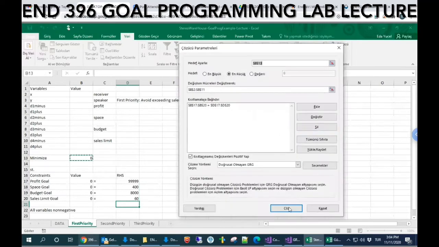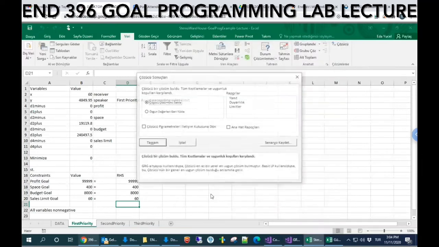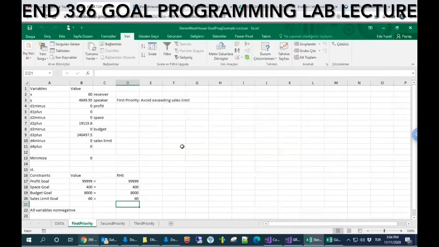Okay, and then we will solve it by using simplex LP. We know that all variables are non-negative, so we should check this checkbox, and then we should press solve. This is the result. That means that D4 plus is 0. That means the first priority goal is satisfied with a deviation of 0.